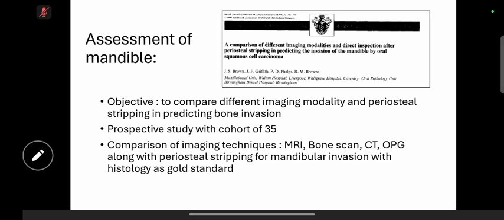Their objective was to compare different imaging modalities and periosteal stripping in predicting bone invasion. The cohort was 35. The techniques they compared were MRI, bone scan, CT, OPG, along with periosteal stripping for mandibular invasion, with histology as a gold standard.